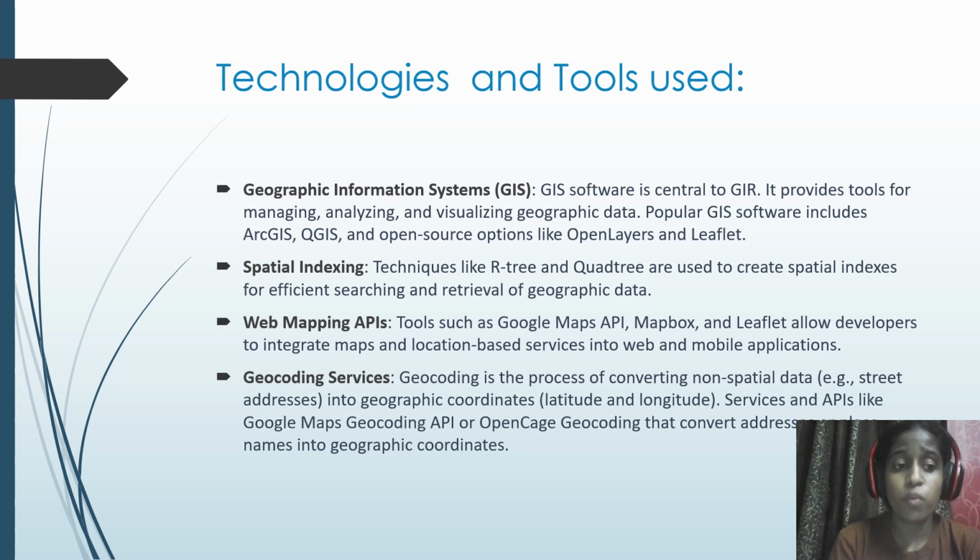There are also open data sources. Governments, organizations, and communities provide open geographical data sources that are freely accessible and can be used for various purposes. For example, OpenStreetMap, USGS. These are the examples of such sources.